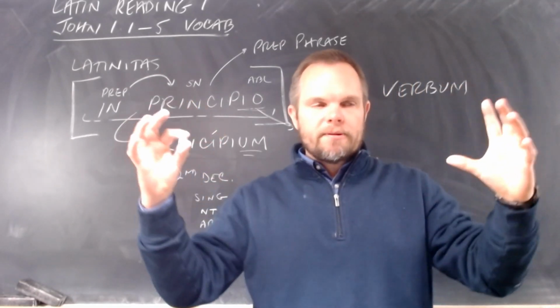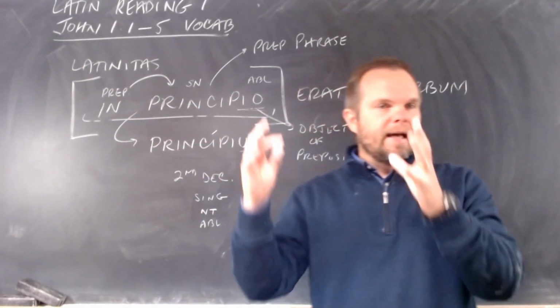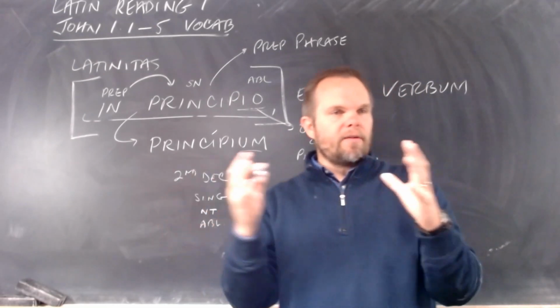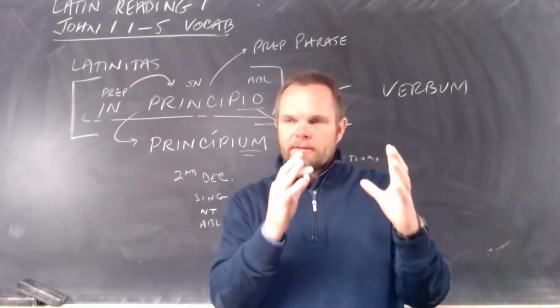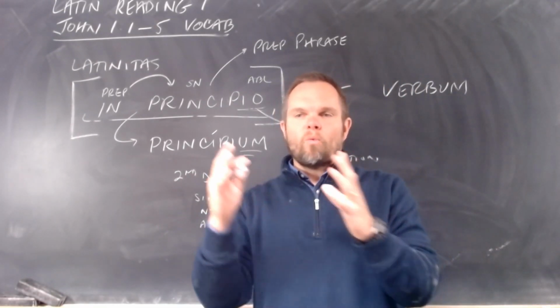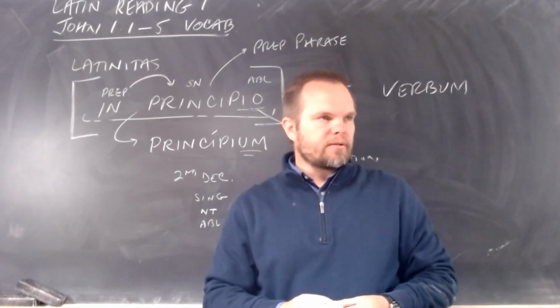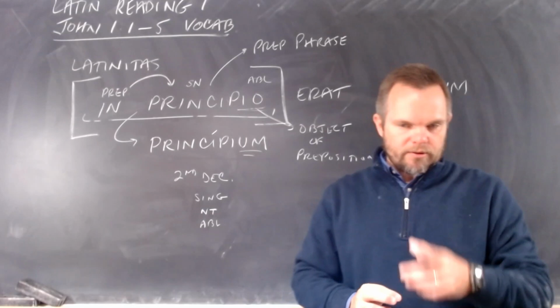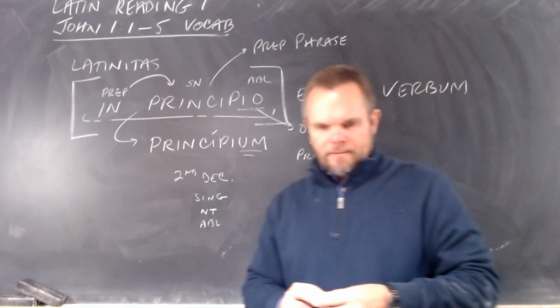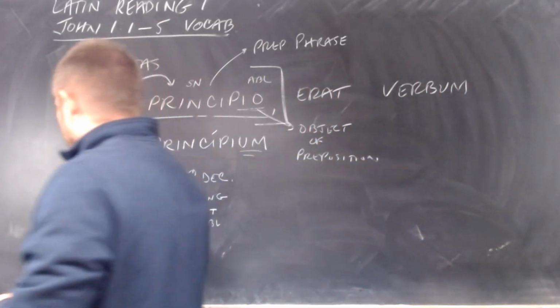That's called a prepositional phrase. The noun is called the object of the preposition, and the preposition determines what form the noun uses. And we'll see this. You got that?